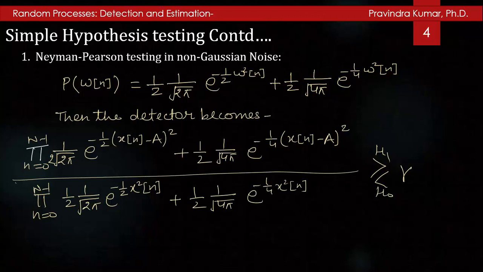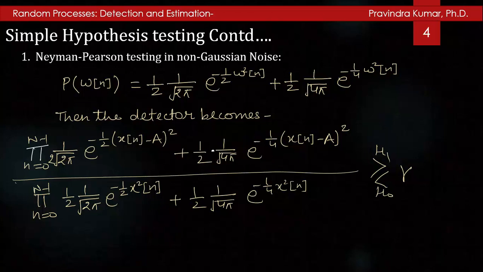So the detector will be the product over n = 0 to N-1 of [1/2 · 1/√(2π) e^(-(x[n]-A)²/2) + 1/2 · 1/√(4π) e^(-(x[n]-A)²/4)] divided by the product over n = 0 to N-1 of [1/2 · 1/√(2π) e^(-x²[n]/2) + 1/2 · 1/√(4π) e^(-x²[n]/4)], compared with some threshold value gamma.